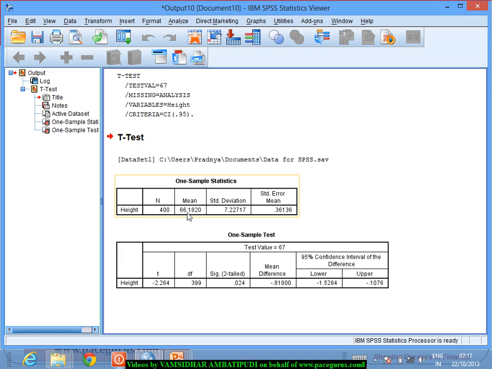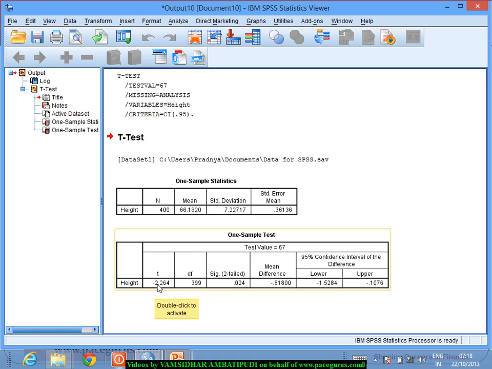I have hypothesized a height of 67. So the mean difference, which is 66.18 minus 67, works out to minus 0.81. The mean difference divided by the standard error of the sample mean: minus 0.81 divided by 0.36.